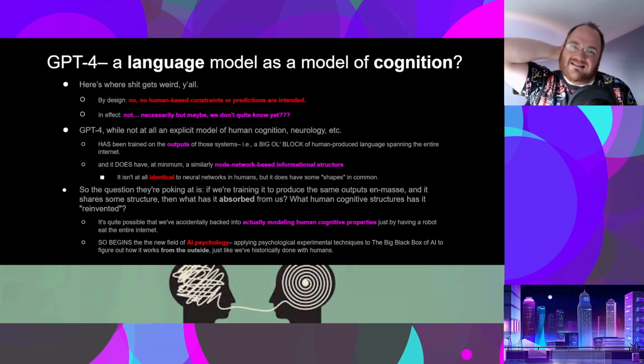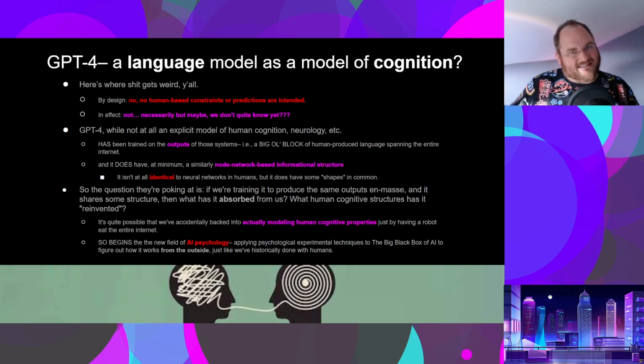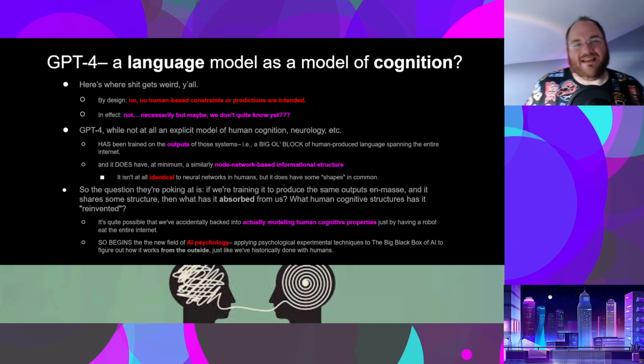It's quite possible we've accidentally, as a technological culture, backed into modeling human cognitive properties just by having this robot eat the whole internet.